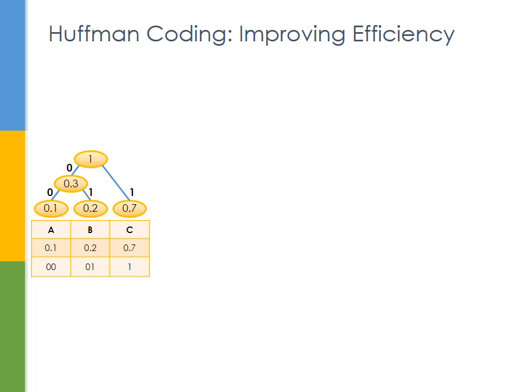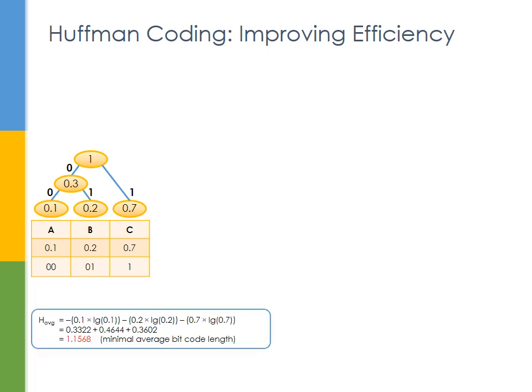So now we're interested in determining how well this encoding scheme actually performs. We do this in exactly the same way as we did in the previous example. We calculate the minimal average bit code length, which we compute as 1.1568, which means in a hypothetical optimal encoding scheme, we would use an average of 1.1568 bits per symbol.